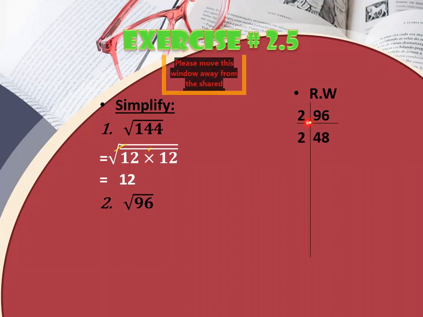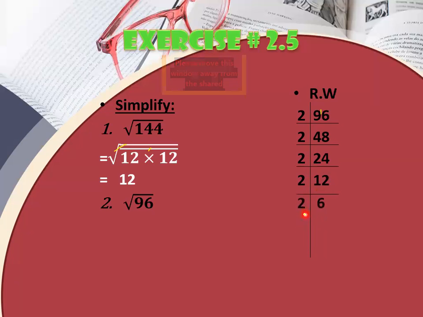So 2 into 4 is 8, and 2 into 8 is 16, so you get 48. Then in the next step, again, you are going to divide this 48 by 2. So 2 into 2 is 4, and 2 into 4 is 8, so you get 24. This 24 can be divided by 2 again. So 2 into 1 is 2, and 2 into 2 is 4. Then 2 into 6 is 12. 2 into 3 is 6, and then 3 into 1 is 3.